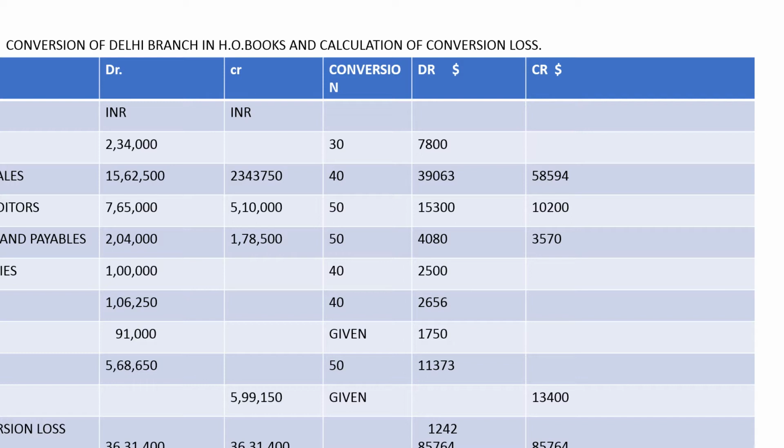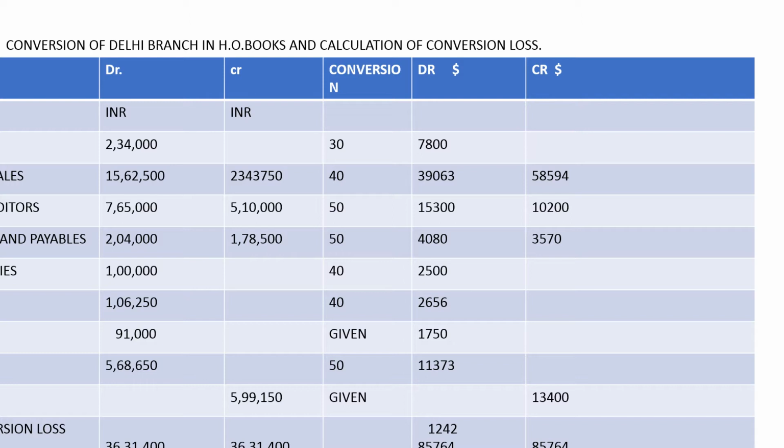Now here we are given debit and credit. The opening stock is given 2,34,000. Always remember opening stock is converted at opening rate. Opening rate was 30. It comes to $7,800.